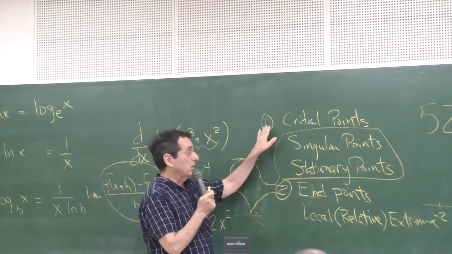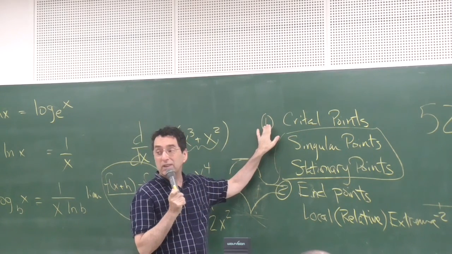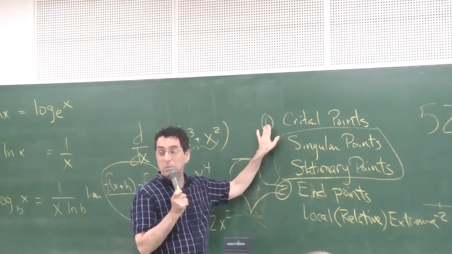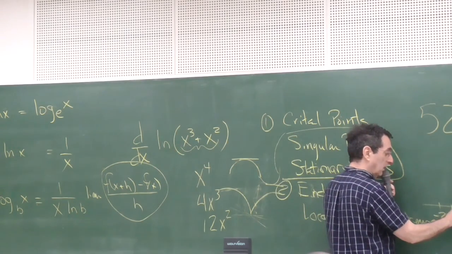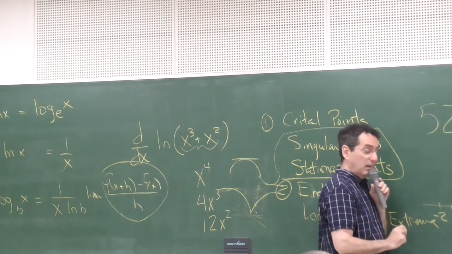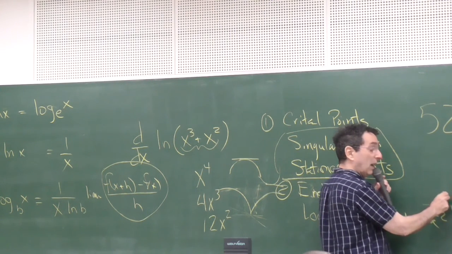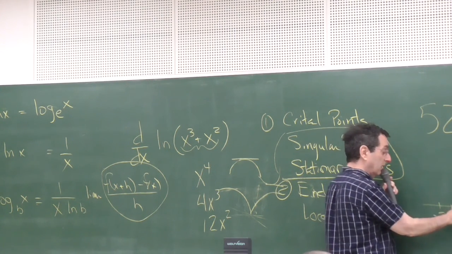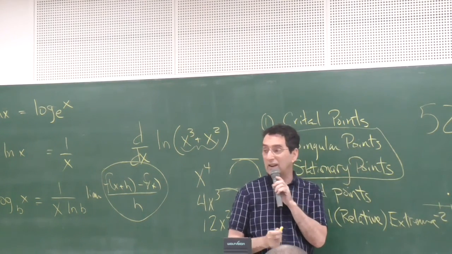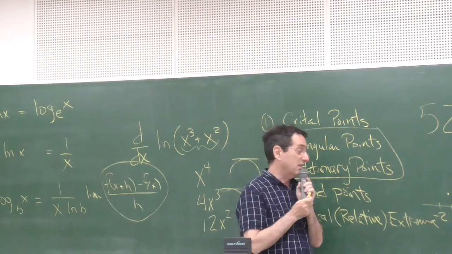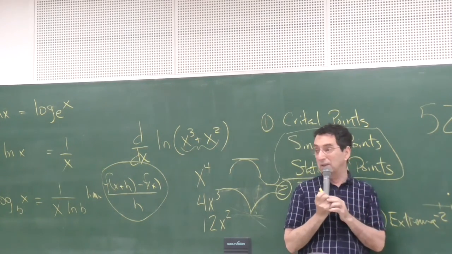Let me say it more clearly. Find the critical points and find the heights at those points. So we might find a critical point here and a critical point here. We want to ask, how high is the function here and here? Maybe it's like that and like that. Then you also have to check the endpoints.